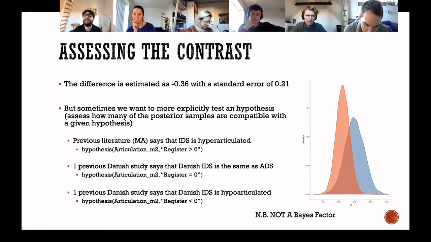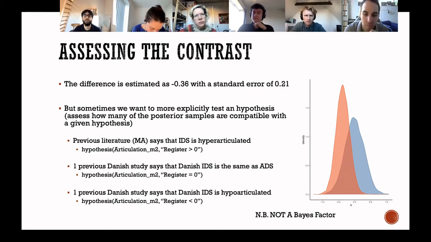And I like the way that I'm telling you to test hypotheses, meaning just by counting how many of the samples are compatible with the hypothesis versus the ones that are incompatible, because it can use any priors. It doesn't depend on a specific class of priors. And I feel it's a bit more transparent, right? It's a bit more directly connected with the way we're setting up the model.